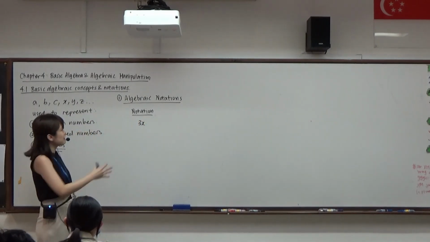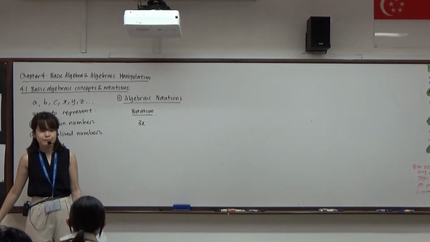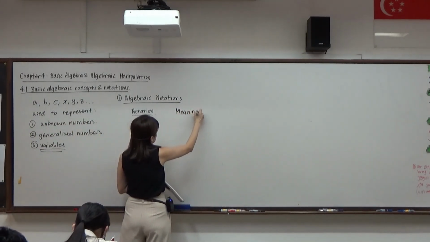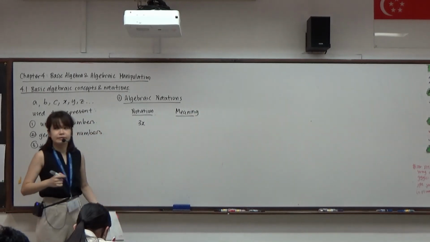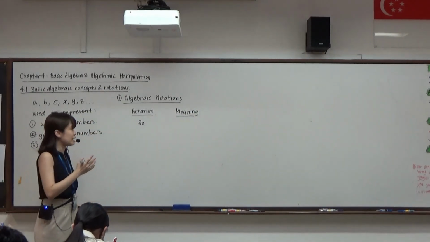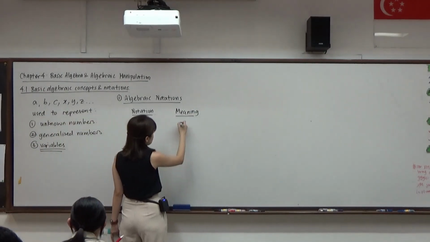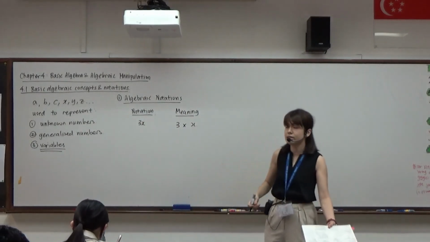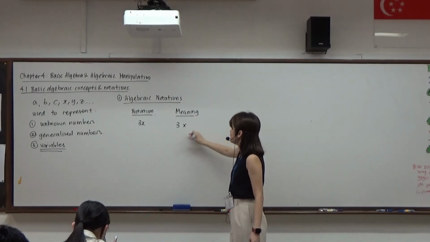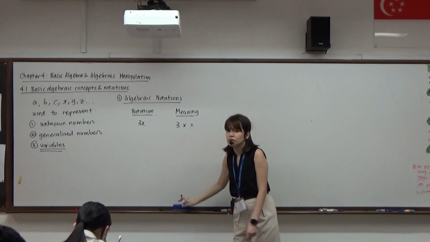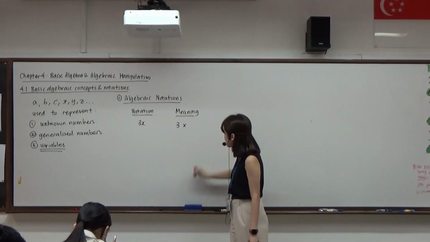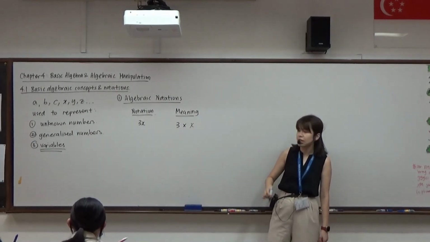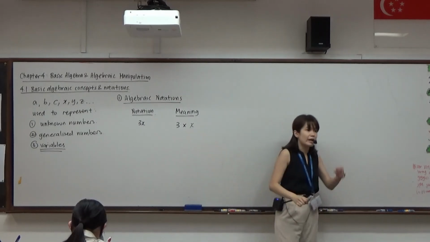So if I write it as 3x, what does it actually mean? What do you think it means? 3 times x. So it means 3 times x. By the way, when we write x, notice how I write it. I write it like there are two C's that are mirror to each other. You need to differentiate your multiplication sign and your x.